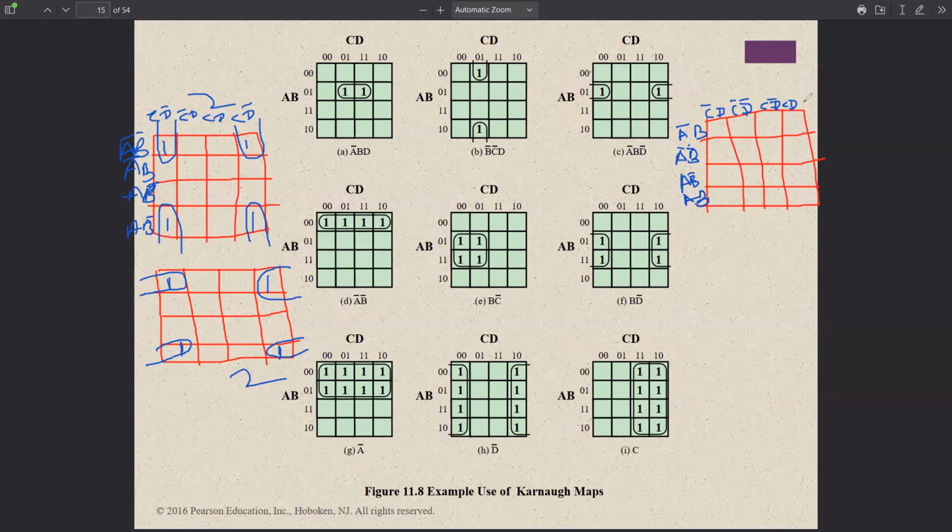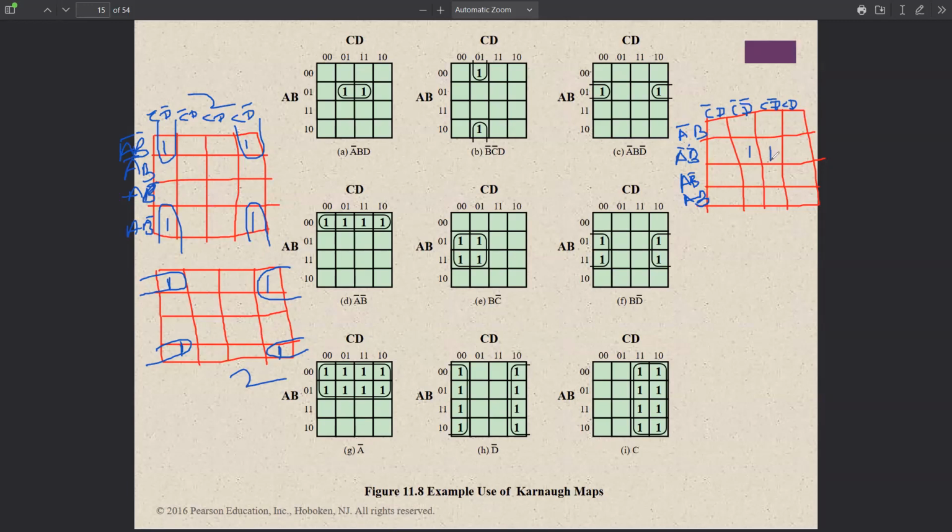So I'm only changing one variable at a time. Initially I start from A bar B, and I change B, and I change A, and I change B. Here, initially start from C bar D, then I change D and C and D again, right? Let's map this one. So A bar B bar C bar D bar, A bar B bar C bar D. This one is one, and A bar B bar C D bar.